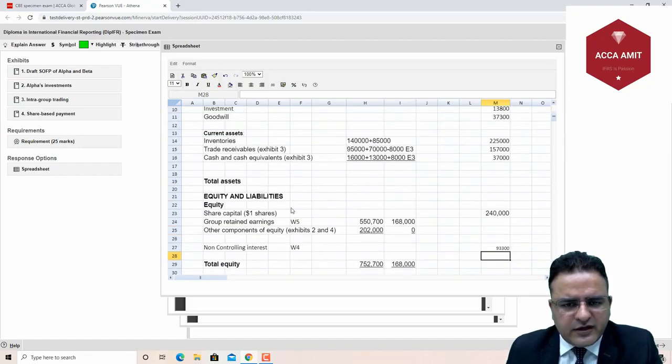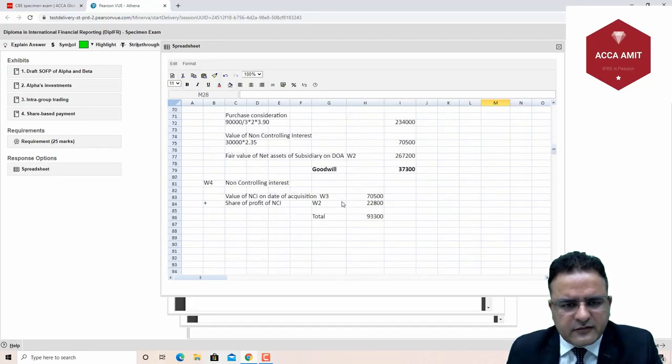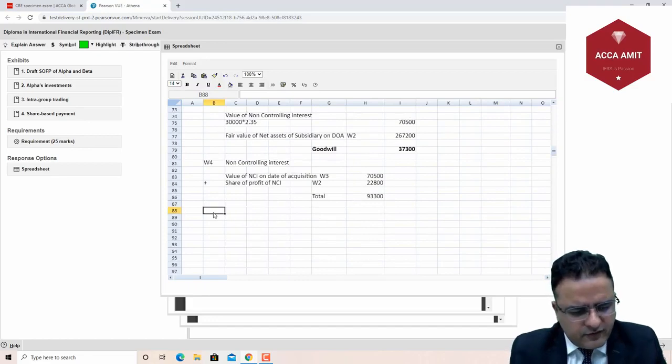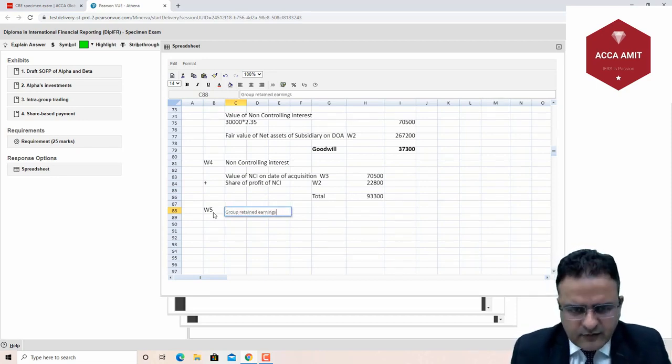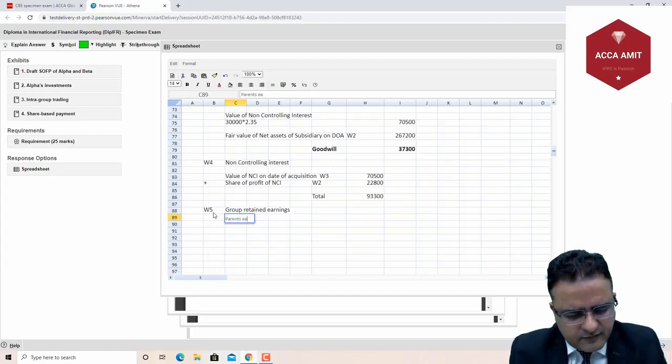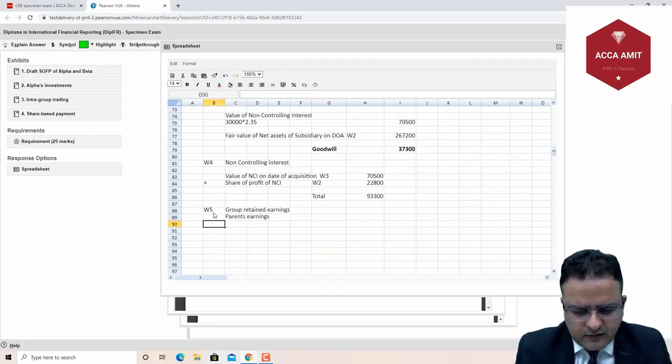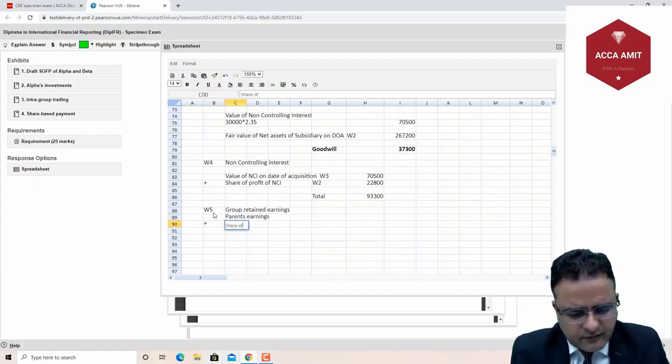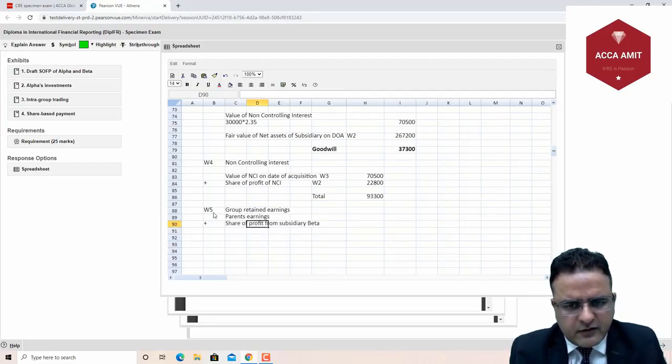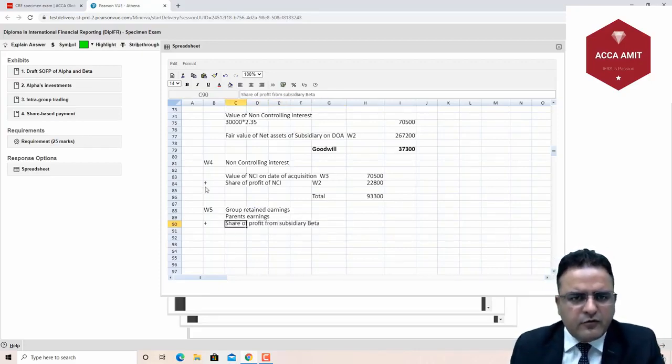Then we'll need group retained earnings, working note number 5. Working note number 5 is group retained earnings, which means parents' earnings plus share of profit from subsidiary Beta, we get it from working note number 2.